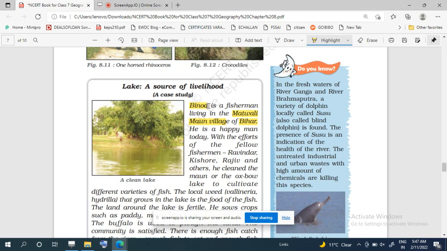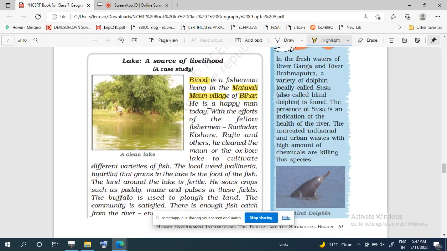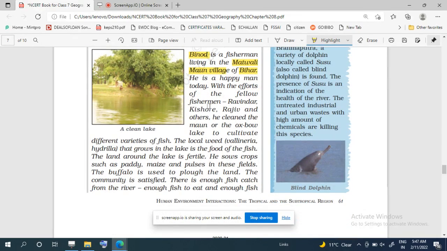So Vinod is a happy man, and he has other fellow fishermen like Ravinder, Kishore, Rajiv. They are his friends who live in his neighborhood and who are also fishermen.